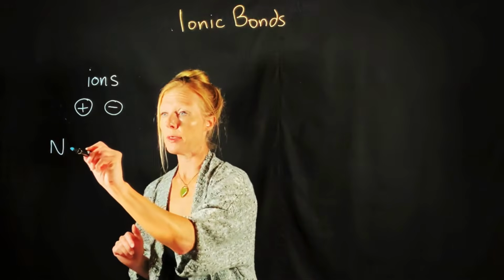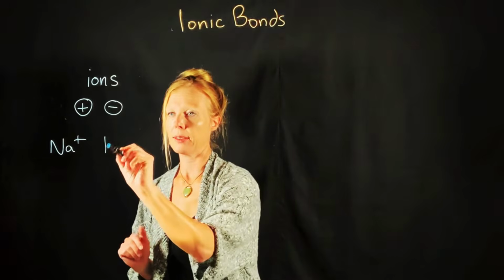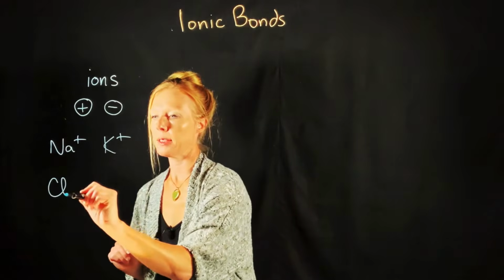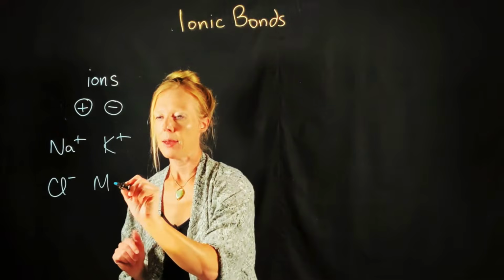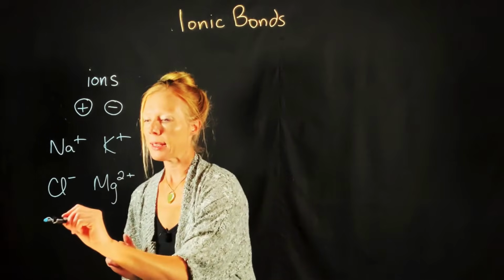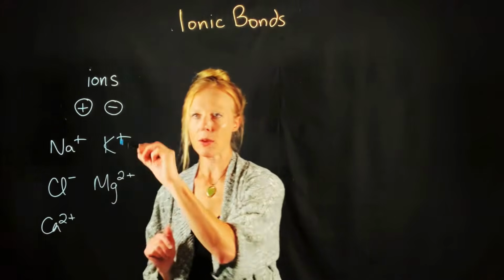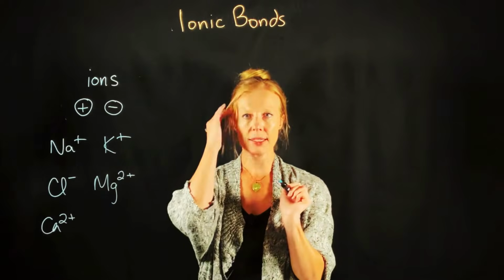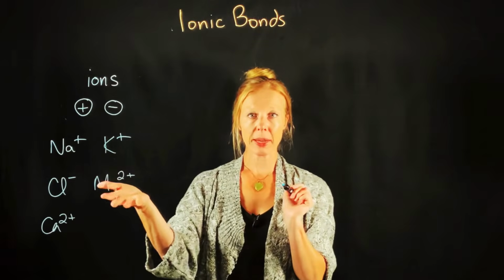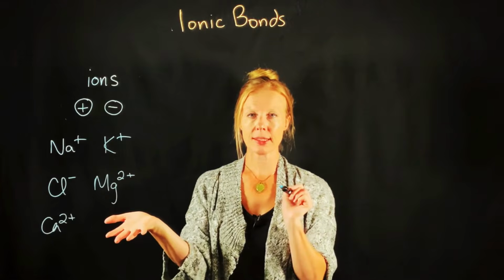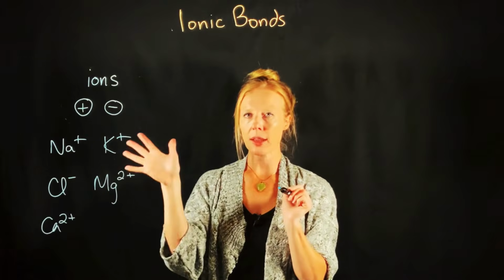So I'm sure you've heard of things like sodium ions, potassium ions, chloride ions, magnesium ions, calcium ions. Notice how all of these are atomic symbols with a plus or minus or 2 plus or 2 minus next to them. So these are all atoms that are ions.